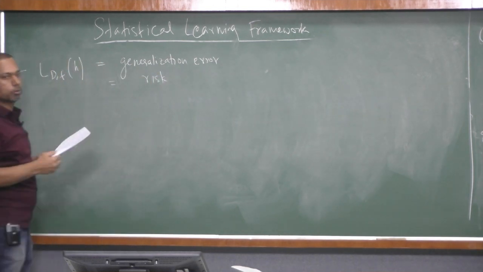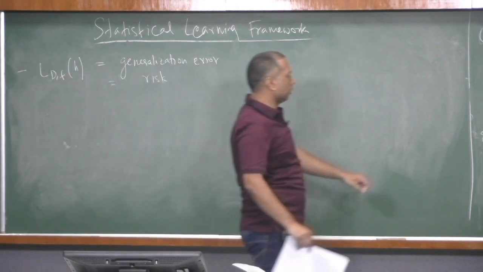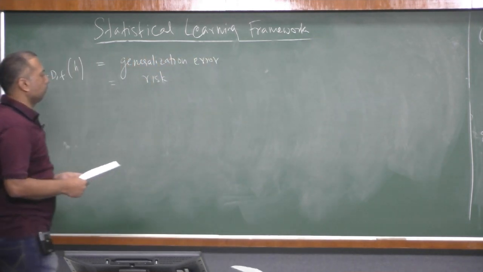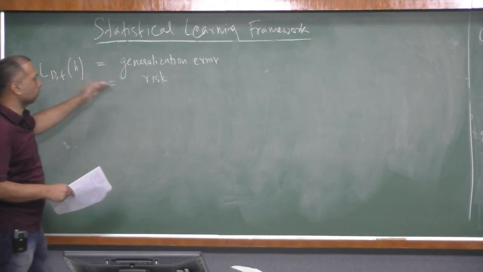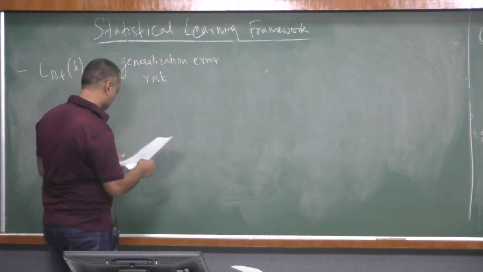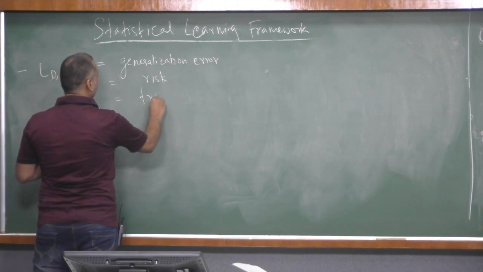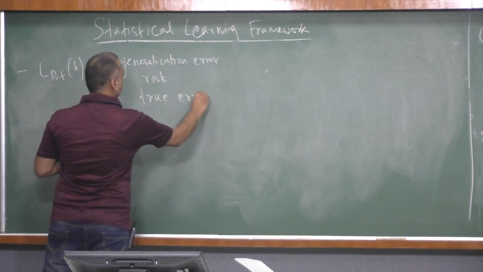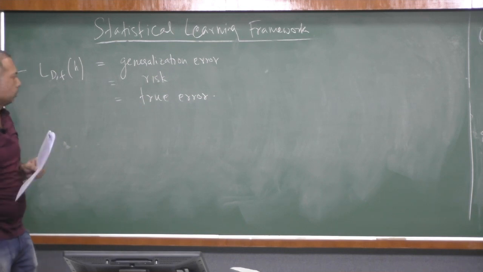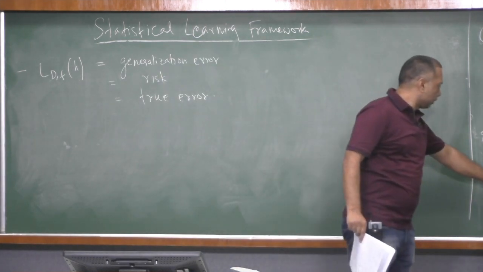In this case it's just called risk, but when we calculate loss on the samples, it will be called empirical risk, because there is some other term which we will define that will be called empirical. This is just risk. And sometimes called true error. As I said, true error is usually not possible, because you don't know the underlying distribution anyway, right?